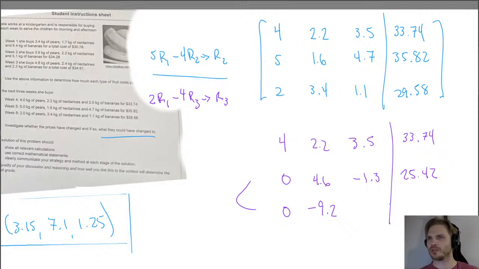Sorry. So 2 times row 1, 2 times 2.2 minus 4 times 3.4. Okay, then we got 2 times 3.5 minus 4 times 1.1, 2.6. Got you. Okay, yeah, you're right.